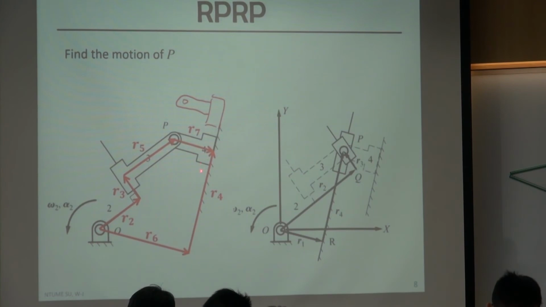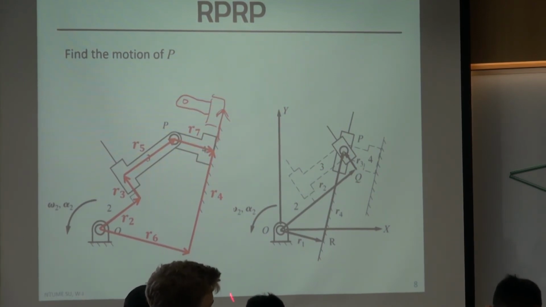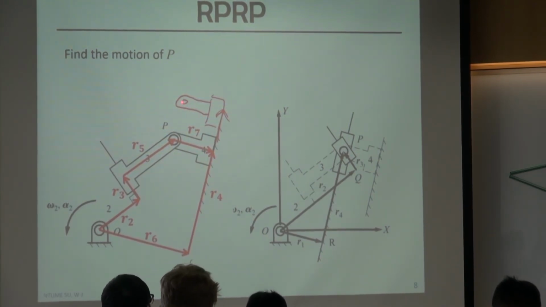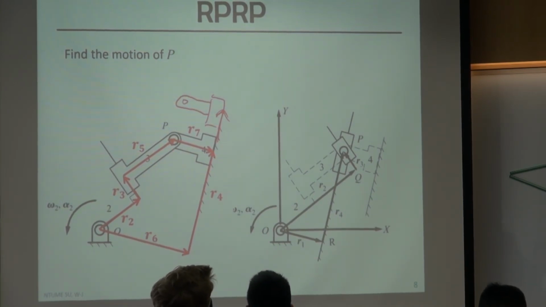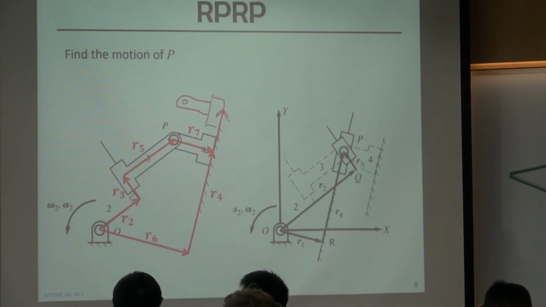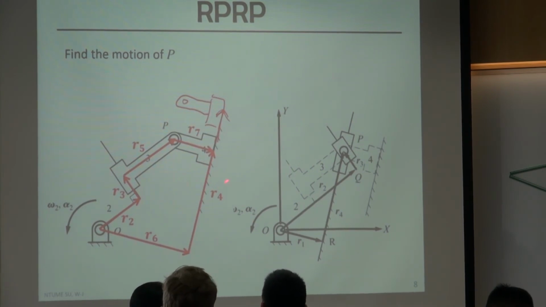This link 4 is sliding up or down. When it slides, the length of R4 is going to change, and you can see P is going to move up. If this slider moves up, P is moving up, of course. Basically, the motion of P is the same as the motion here. So R4 will help us determine the motion of this point.